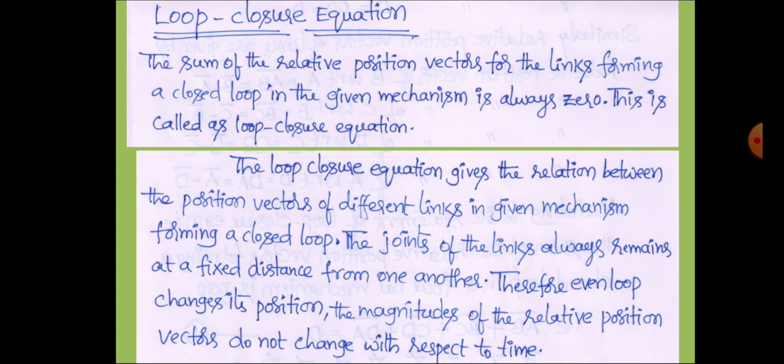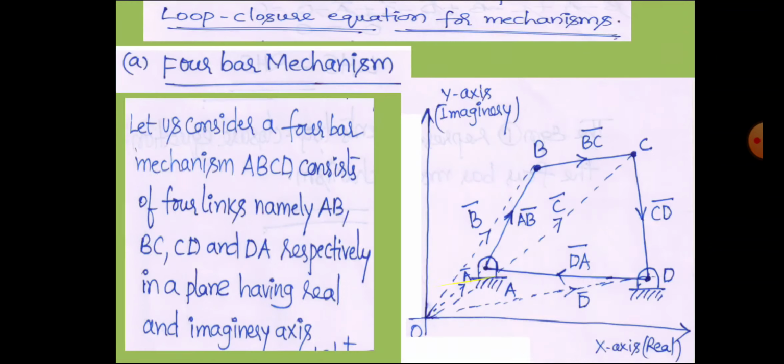Why do we have to write the loop closure equation for a given mechanism? Because it gives the relation between position vectors of different links, because in a mechanism there will be a number of links. So it gives the relationship between the position vectors of different links in a mechanism.